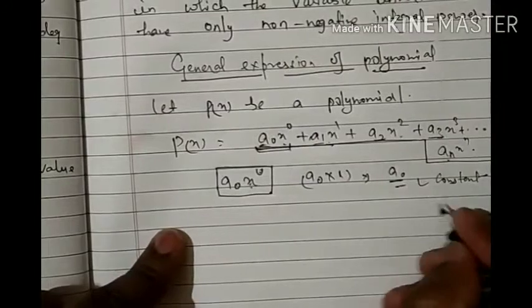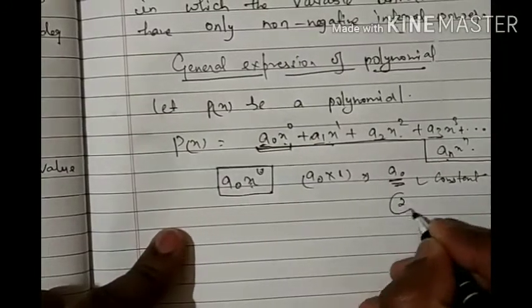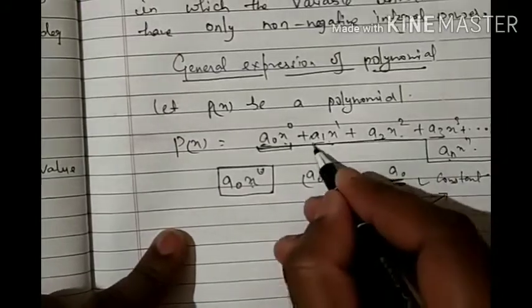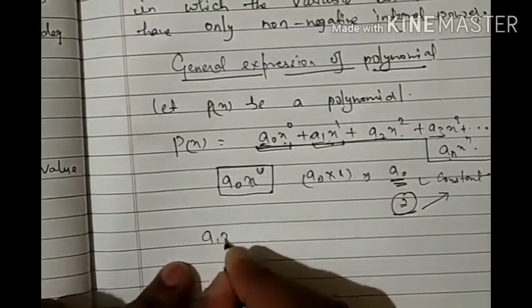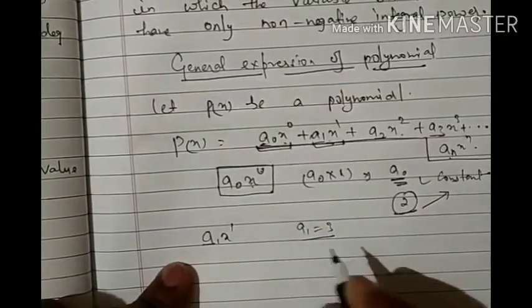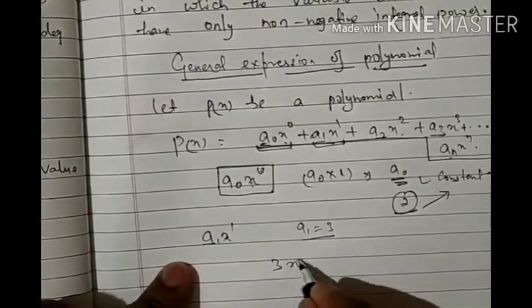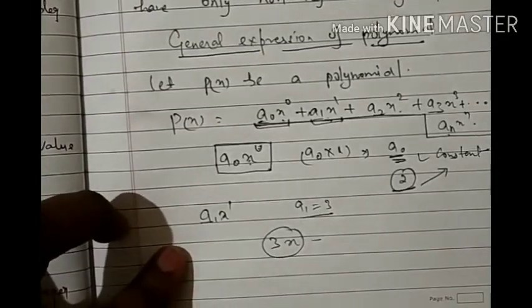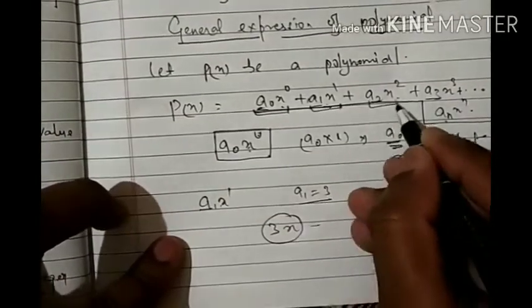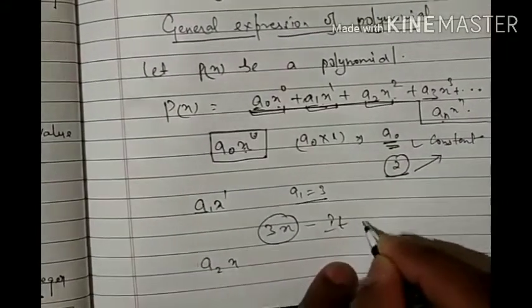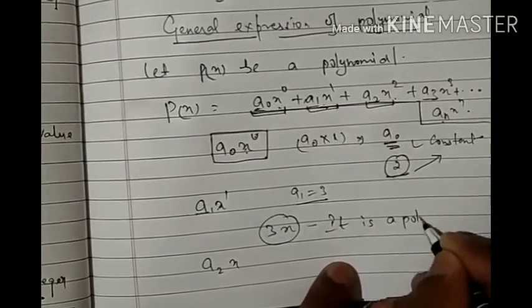Let here a0 equal to 2. Then we just get 2. This is a constant term. Now let's take this particular example, a1 x^1. Suppose a1 is equal to 3. What do we get? 3x^1, that is 3x. And this is again a polynomial. Let's take this example, a2. Let me write. It is a polynomial.